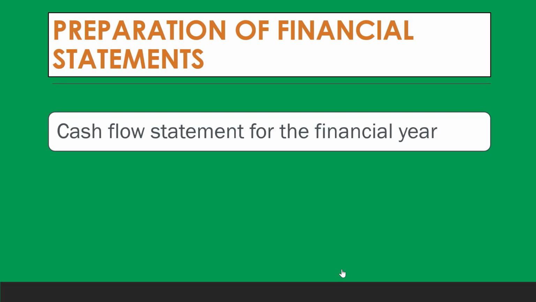Cash flow statement for the financial year. So apart from the profit and loss account, balance sheet, and income and expenditure account, the companies need to maintain a cash flow statement for the financial year, where they say what the various cash inflows and cash outflows of the company are.